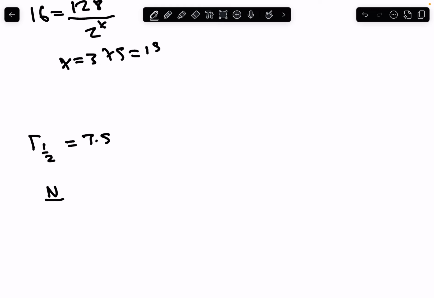It becomes n over 2 to the power of 4, since that's the number of half-lives, so n over 16. Expressing this in percent, 1 over 16 is approximately 6%, so that's the correct answer.